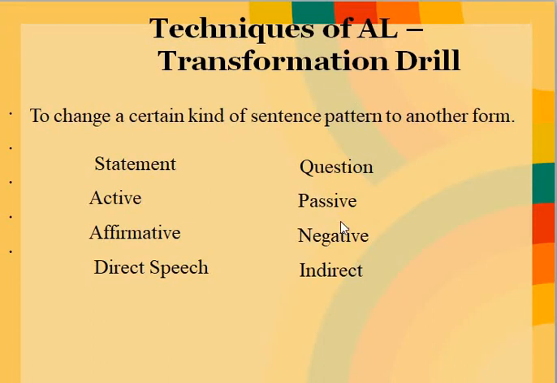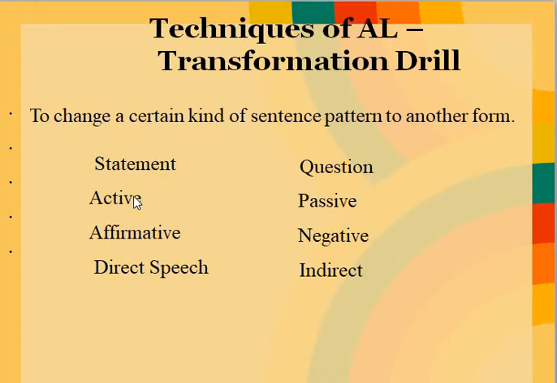This is another kind of technique which is basically used by the audiolingual method: the transformation drill. Here the teacher asks the students to transform a particular sentence pattern into another form. For instance, the teacher can give a statement and ask the students to transform it into a question or interrogative form.